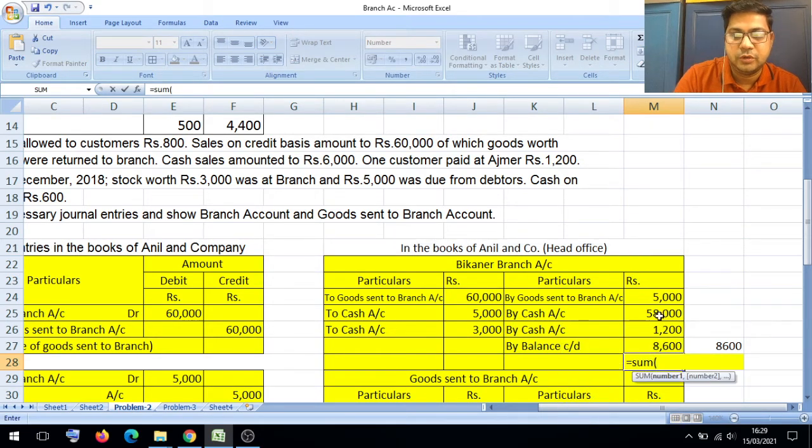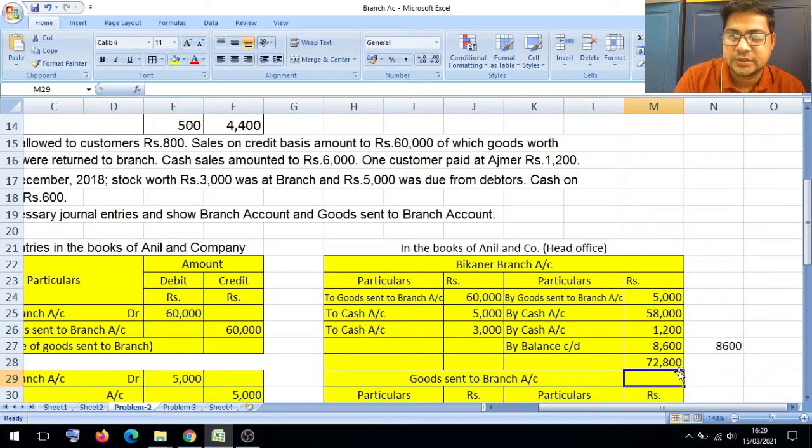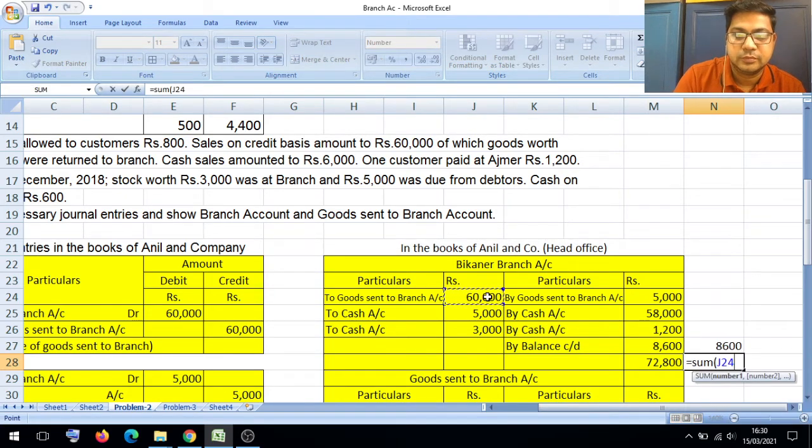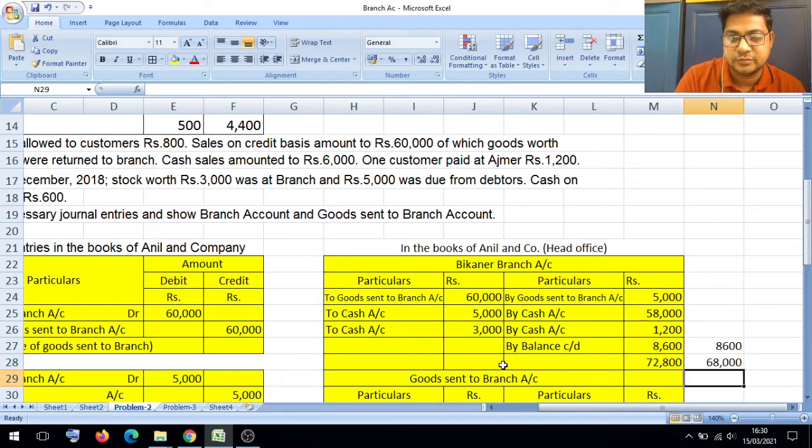Sum of the credit side is 72,800. Now debit side total sum is 68,000. So credit side total is more than the debit side total.